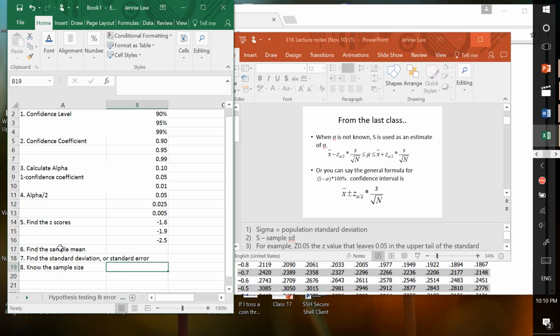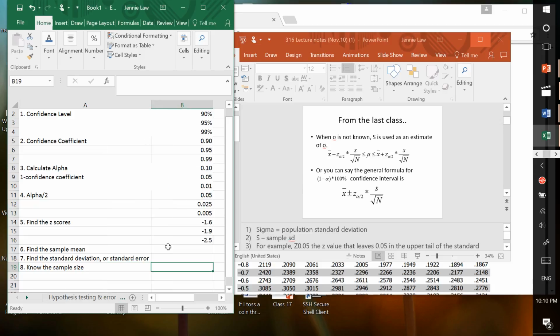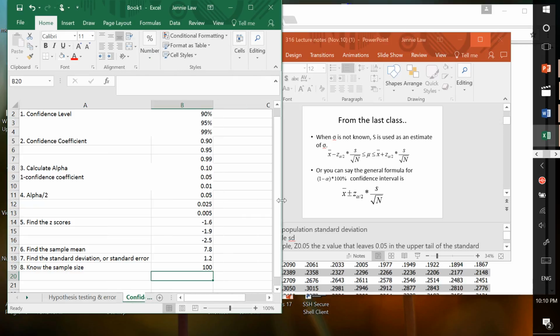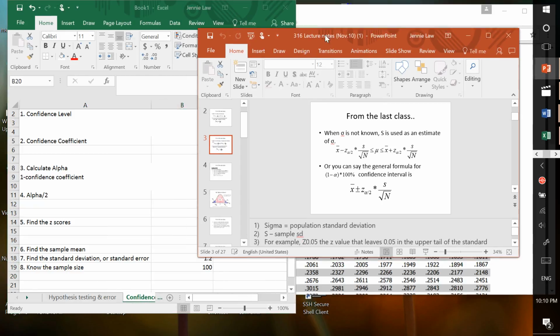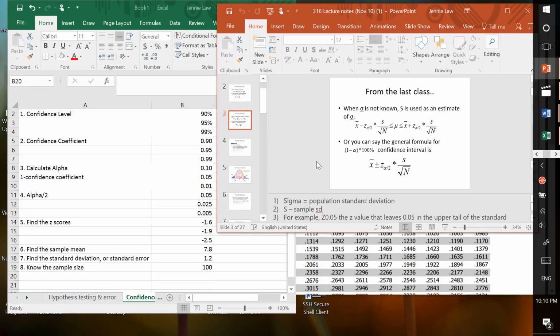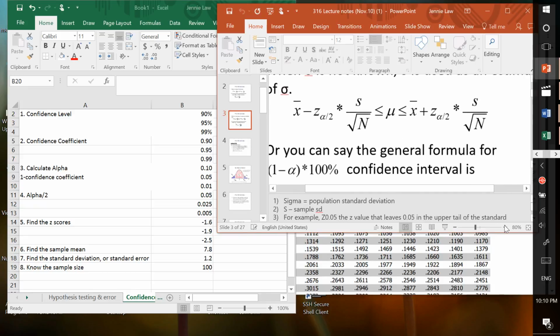All right? So in this case, what I'm going to tell you is that the sample mean is 7.8, the standard deviation is 1.2, and the sample size is 100. So if I were going to solve this the hard way, using the formula, all we would have to do is look here and interpret the formula.